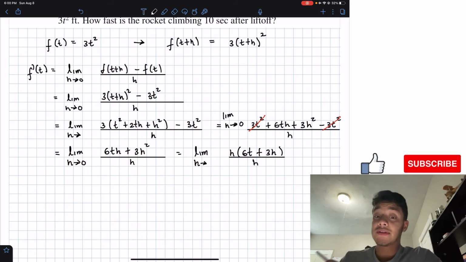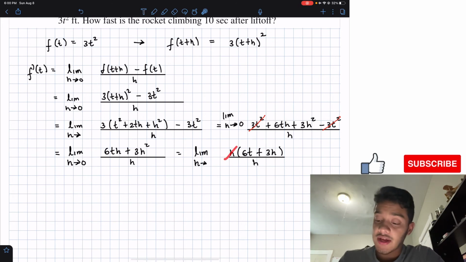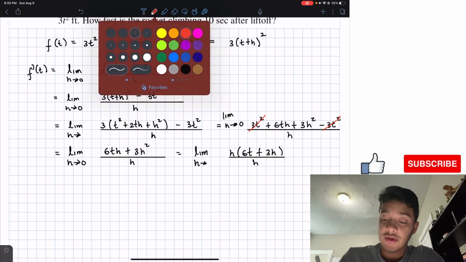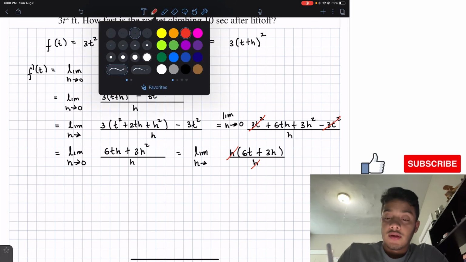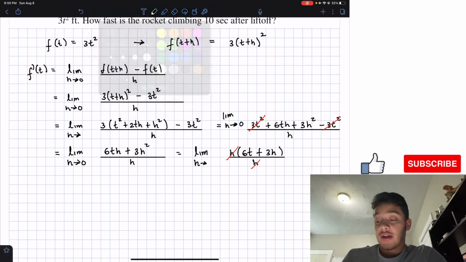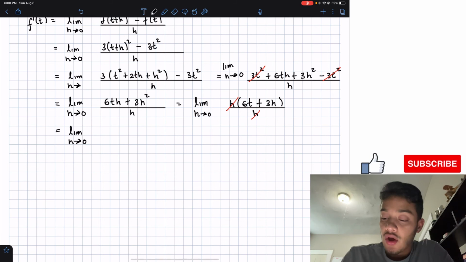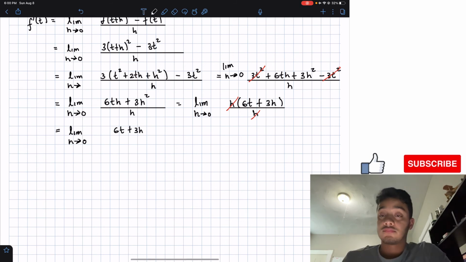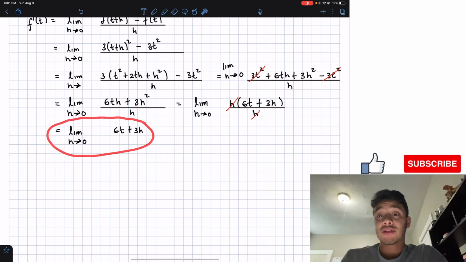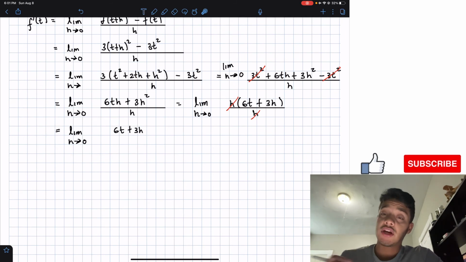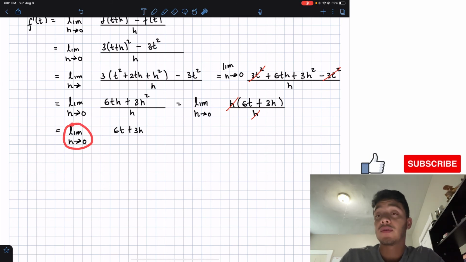And then I can visualize that I can cancel h and h, so let's do that. Then I will still have my limit as h approaches 0 of 6t plus 3h. Now that our limit doesn't have a denominator of h, we can replace every h with 0.